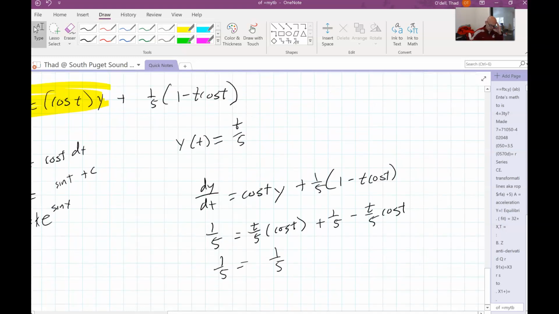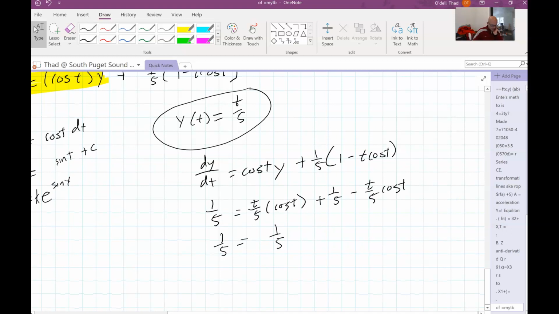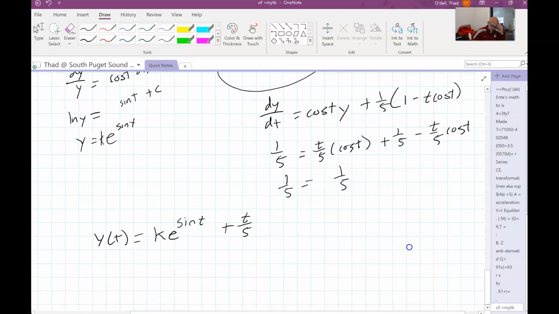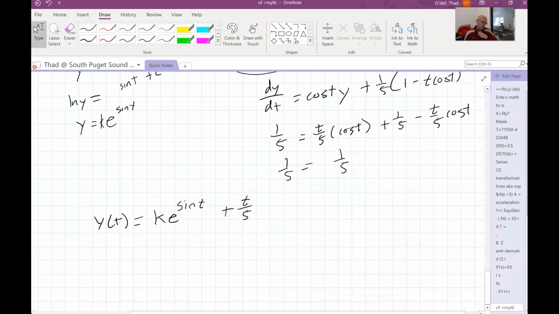So sure enough, this t over 5, surprise, surprise, is a solution to the entire differential equation. It's a solution. So what the linearity principle tells me is that therefore the solution y of t equals k times e to the sine of t plus t over 5 is the general solution for that non-homogeneous differential equation.